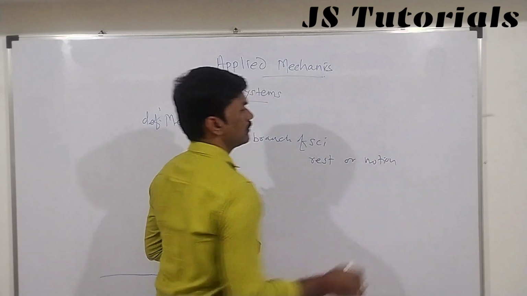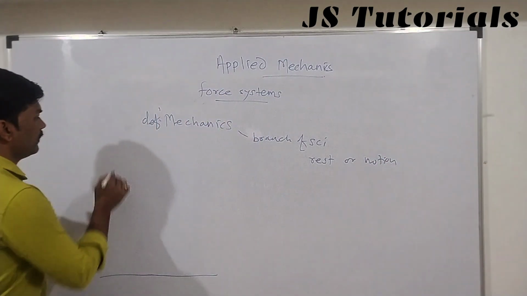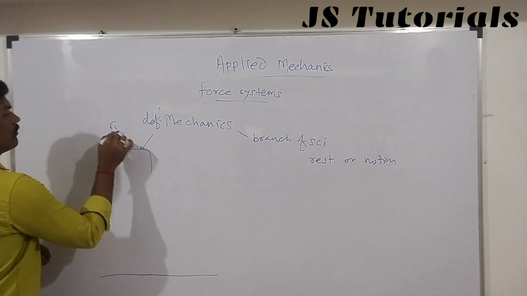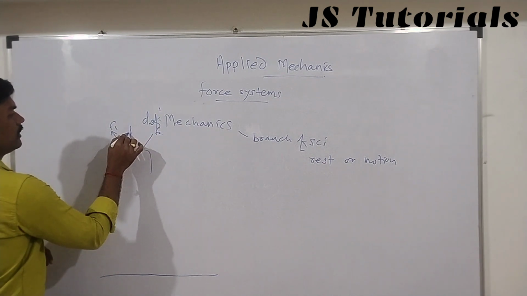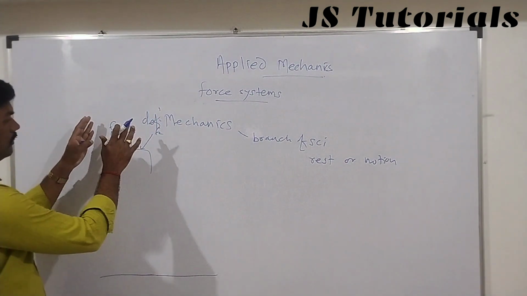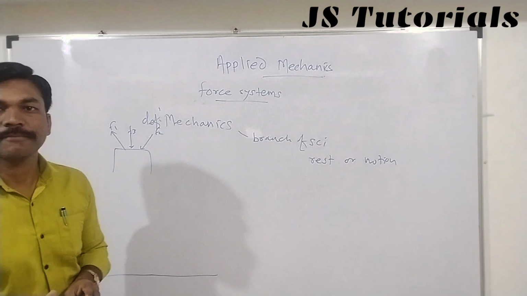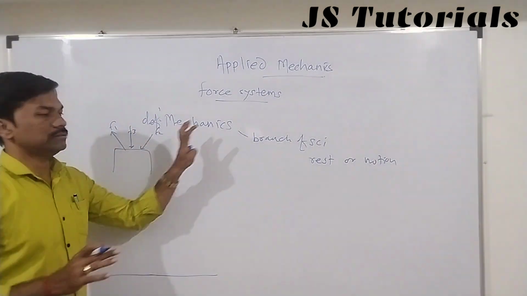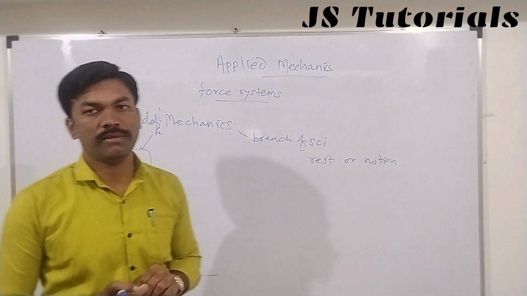Okay. So if there is one body and it is acted upon by a number of forces, F1, F2, F3, all these forces are acting on this body, and this effect is considered in the mechanics concept.